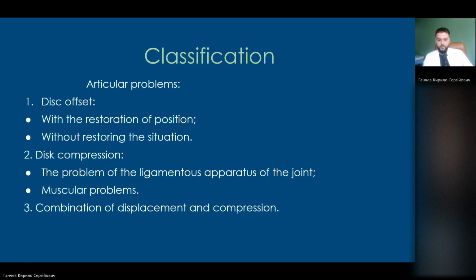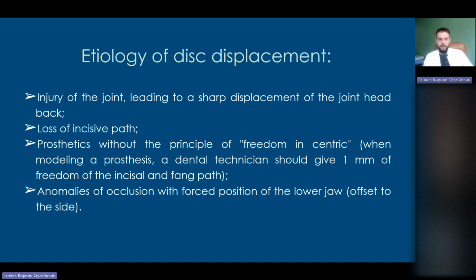Injury of the joint, leading to sharp displacement of the joint head backward, loss of the incisive path, prosthetics without the principle of freedom in centric. Yeah, that's a huge problem with the joint.